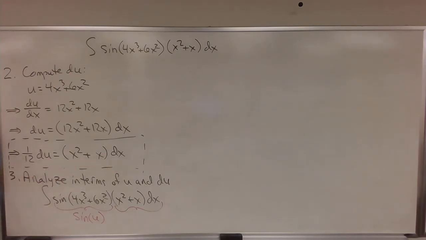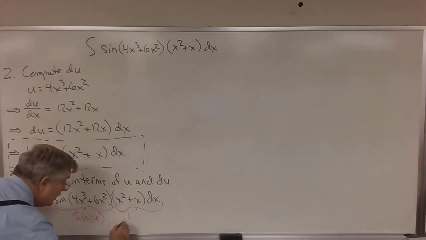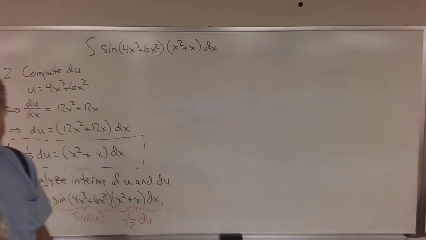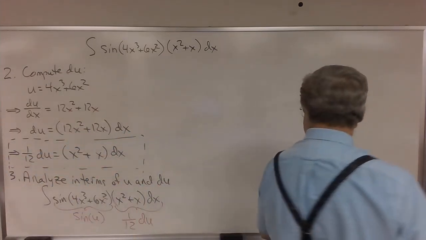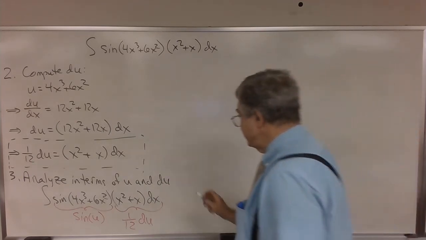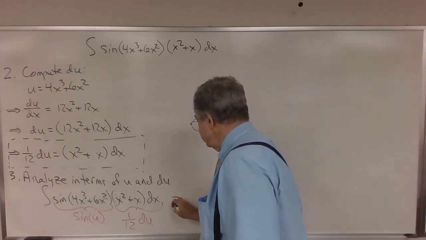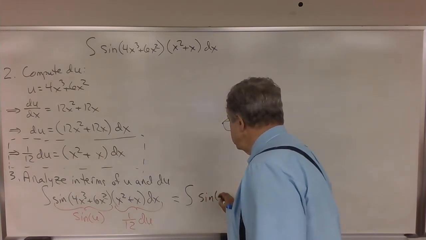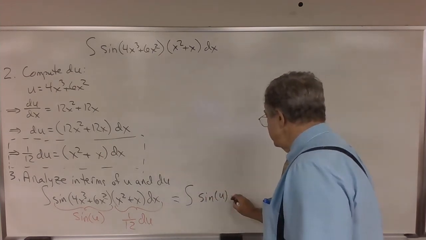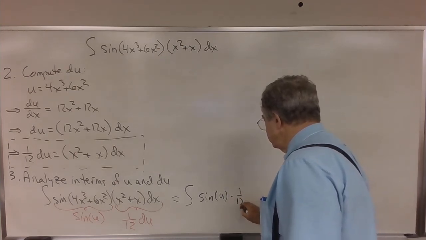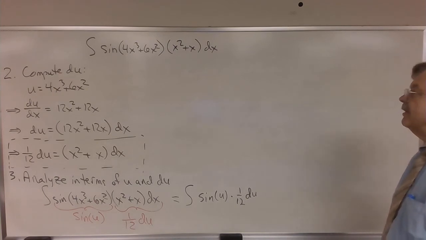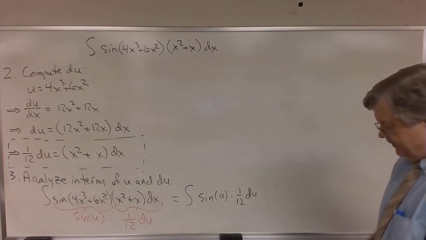It's 1/12 du. I'm going to write that down here. 1/12 du. And then I'm going to rewrite my integral in terms of u and du. I have sine of u times 1/12 du. That's my new integral.